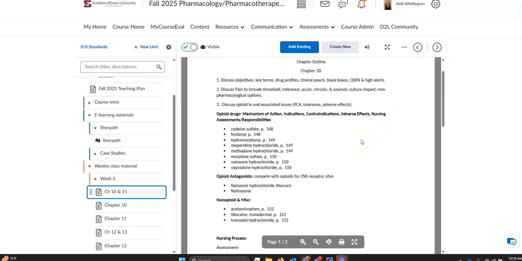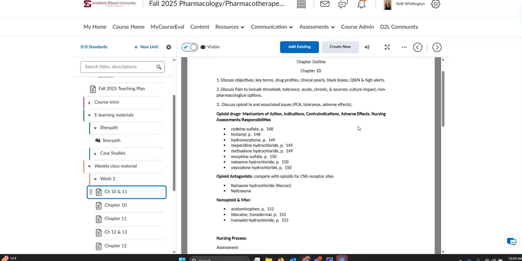When we look at our opioid treatments, I want to hit a couple of things very right off the top. We're under the classification of CNS depressants. So all of the medications in this chapter depress that central nervous system. So think right off the bat, if I'm giving pain medication, I want to assess my patient's level of consciousness, how alert are they, and their respiratory rate.